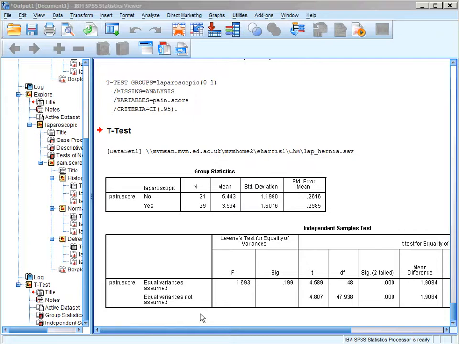A population, or a sample, is defined by its mean and its spread. There are lots of different ways of characterising the spread. The variance is one; the square root of the variance is called the standard deviation. These are effectively the same number because they're just a factor away from each other. So equal variances means that the spread of the values in the two different groups are the same.